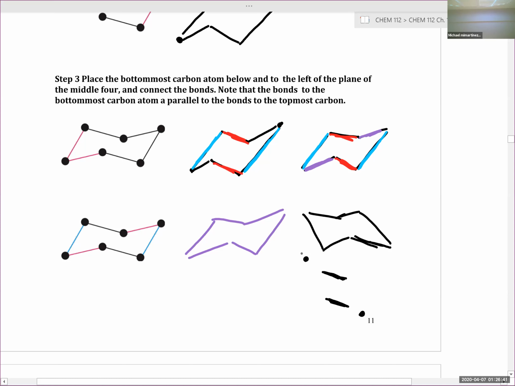So does everyone notice how my top dot's now on the left and my bottom dot's now on the right? Now I connect the dots. Let me try drawing that one more time just so everyone can see that a little more clearly. So top dot, bottom dot, connect the lines, and there we go. We have our other chair conformation. Practice really makes perfect. We're going to focus on drawing a ton of these throughout this chapter.